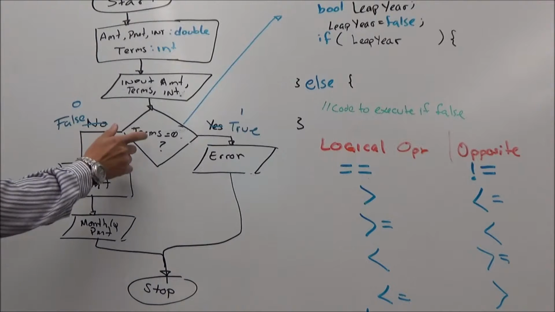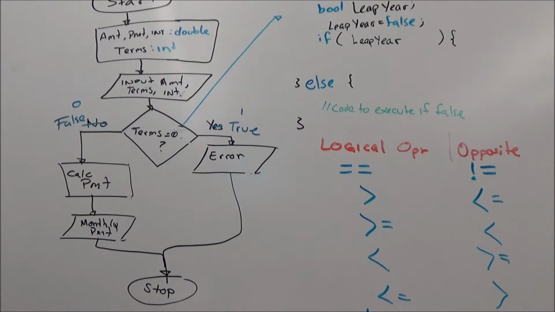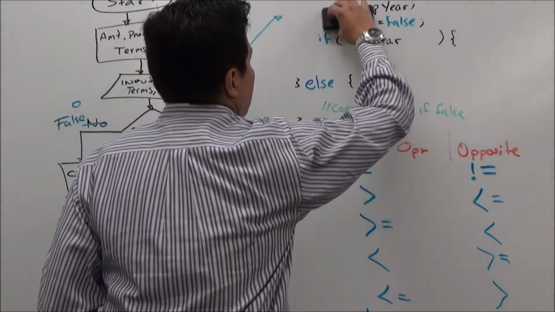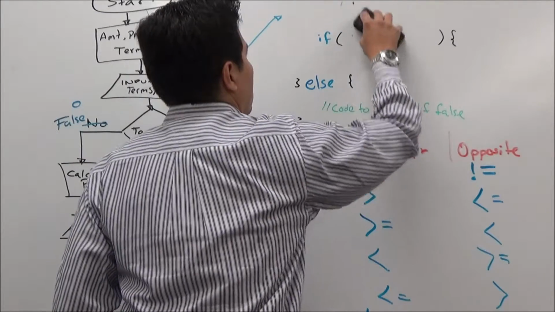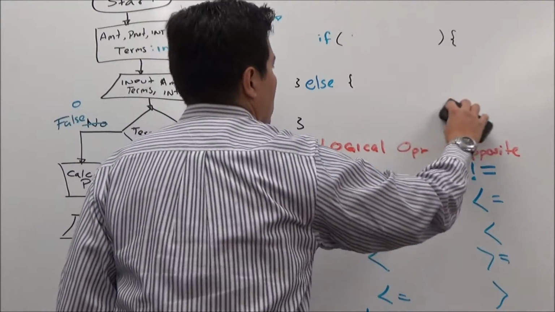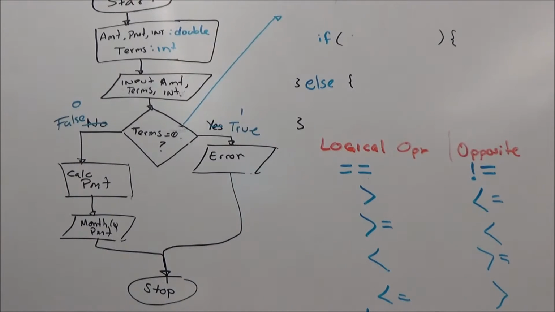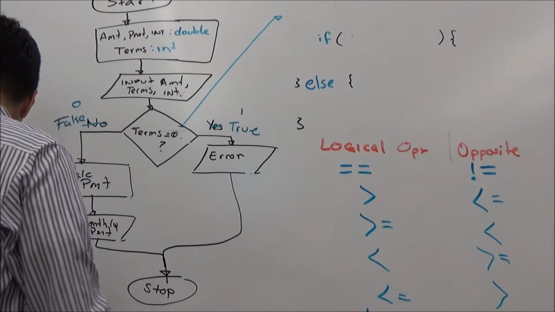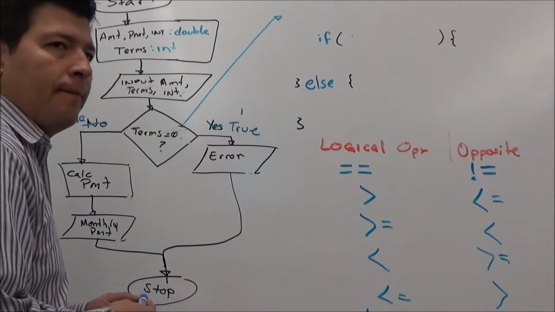So in our test here, we're not using the variable now. If we were using our loan calculator, our test is if the terms are zero, right? But in our diagram, I only use one double equal sign. But in here, if I remember correctly, we call it I-terms, right?